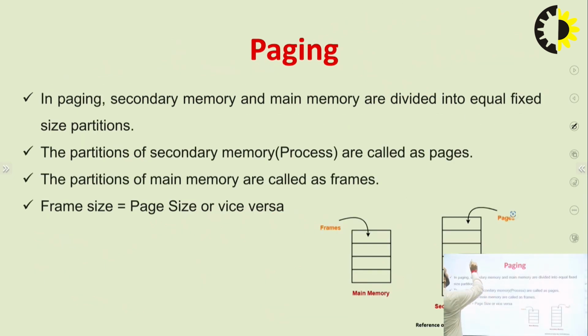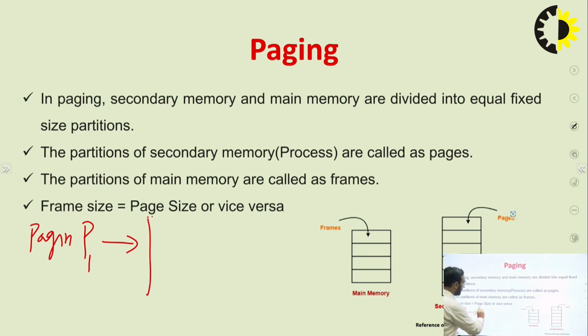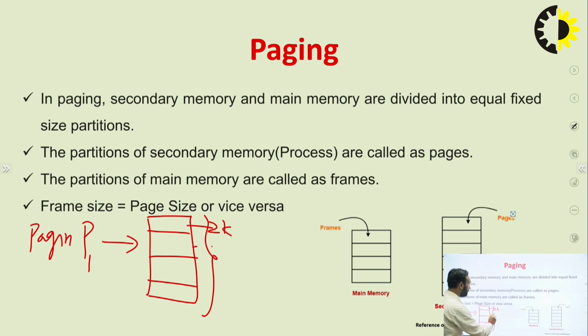In segmentation, for example, we take a process P1. In paging, the process is divided into a fixed number of pages of fixed size, for example 2K, 2K, 2K and 2K, total of 8K.